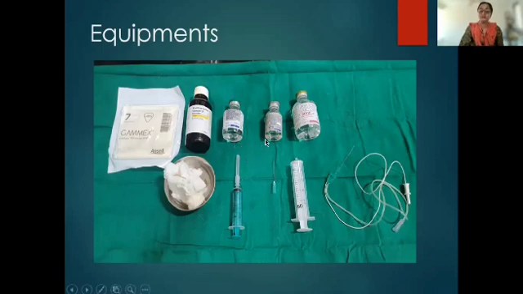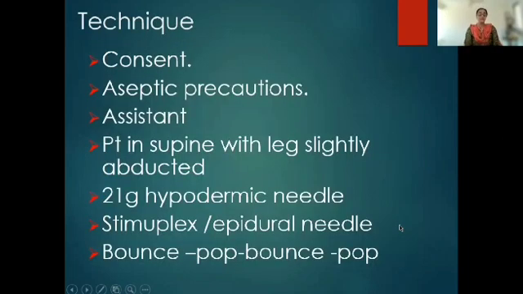You can either use bupivacaine or ropivacaine, 20 cc syringe, and the hypodermic needle, that is 21 gauge hypodermic needle, 1.5 inch of length, which comes along with the 20 cc syringe, is easy to use. You can also use the Stimuplex needle, 5 centimeters, which comes along with an injection port, and blunt tipped 22 gauge.